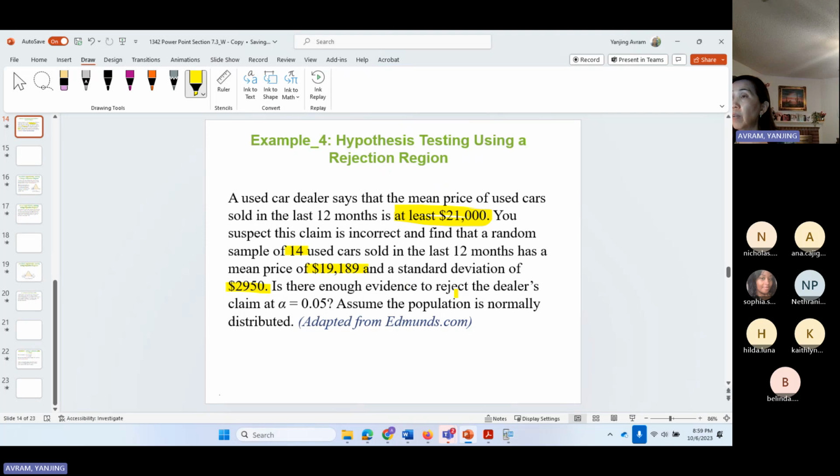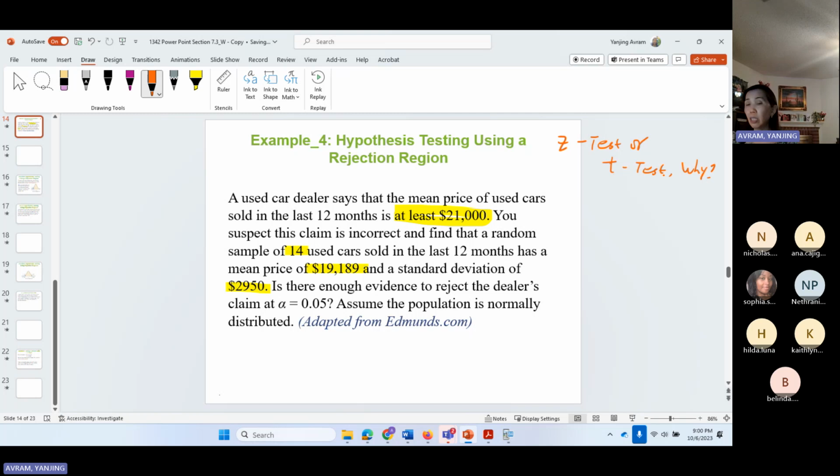Is this enough evidence to reject the dealer's claim at alpha equal to 0.05 level? Okay, so very important: z or t test, and why? z test or t test, and why?